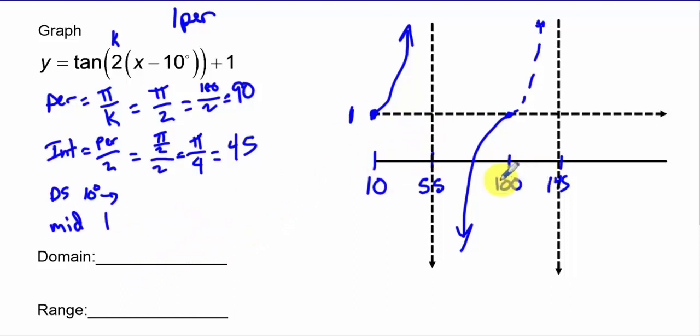You'll notice that I have a total of 90 degrees between my asymptotes. Therefore, the domain can be stated as, well, it's not going to be 55, and any multiple of 90 degrees thereafter. The range is all real numbers again. And the problem is done.